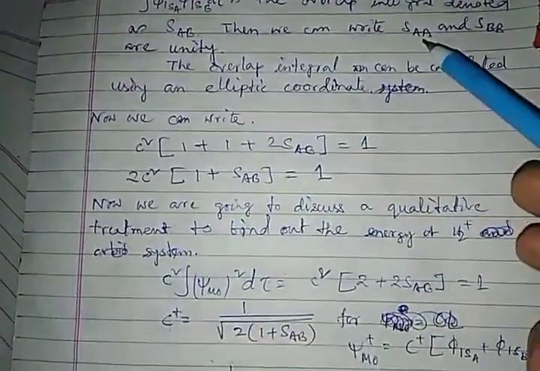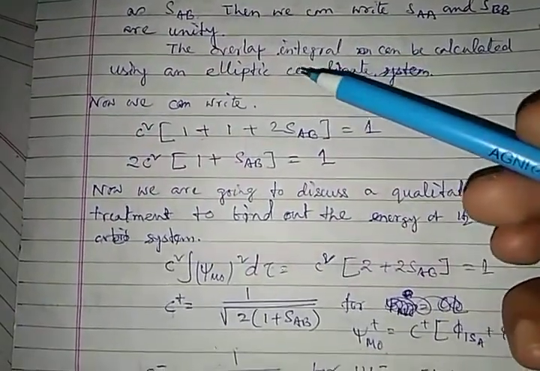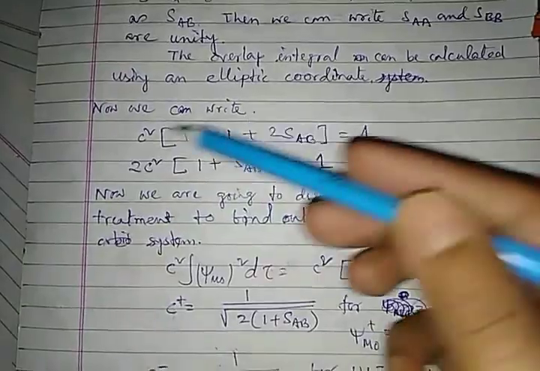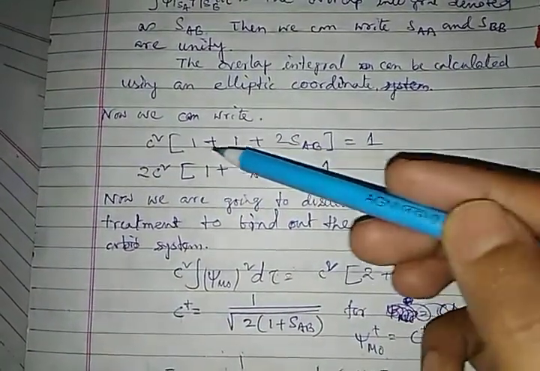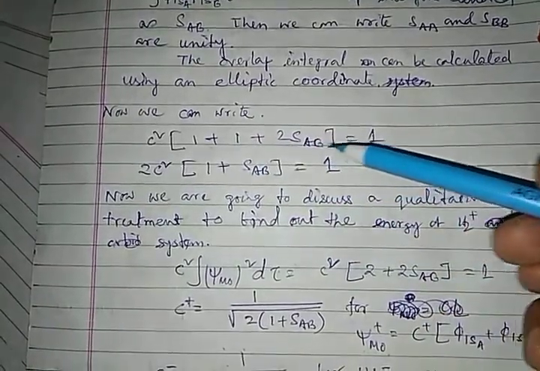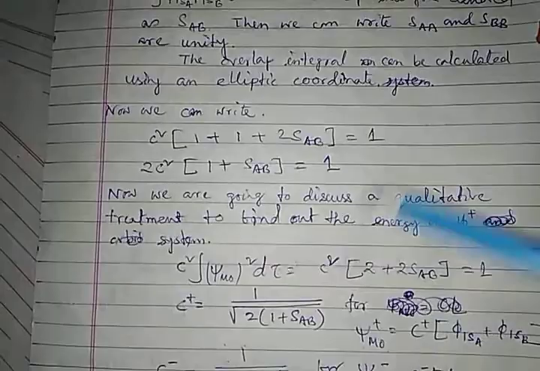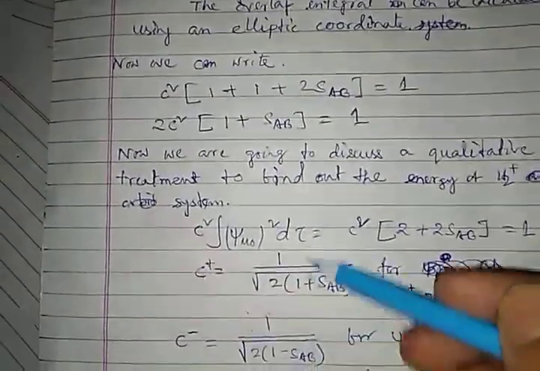Without this, we can find many interesting parameters of the system. Now we can write c square plus 2 c square times S_AB equal to 1, so I can have a c value like this.